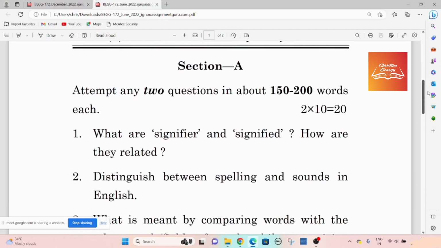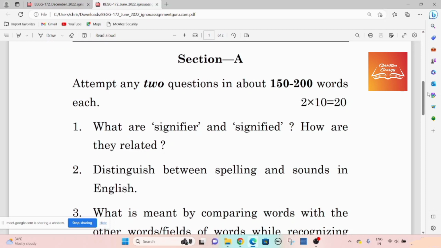Section A. We know that there will be 4 questions from section A, out of which you just need to choose 2. The first question: What are signifier and signified? How are they related? This is a very basic question from structuralism, and if you are wondering about the block number, this falls under block 1, unit 2.